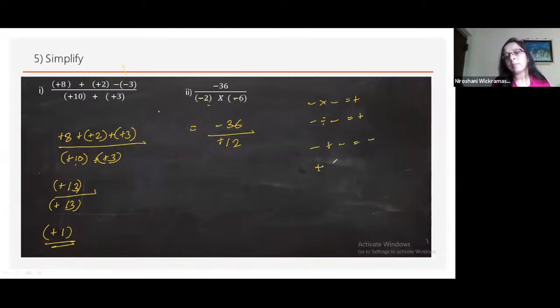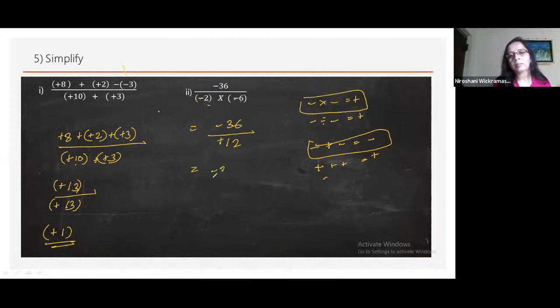When we add plus, then the answer is plus, right? Like that. Don't confuse this and this, because I have seen several times our children confuse this, right? 36 divided by 12, that is minus 3. Simplify. Next question, question number 6.